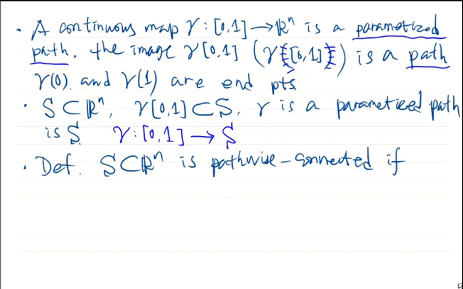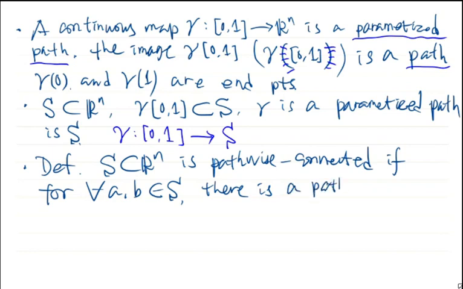That is, if for any A, B in S there exists a path in S whose endpoints are A and B. Such a path is called a path connecting these 2 points.